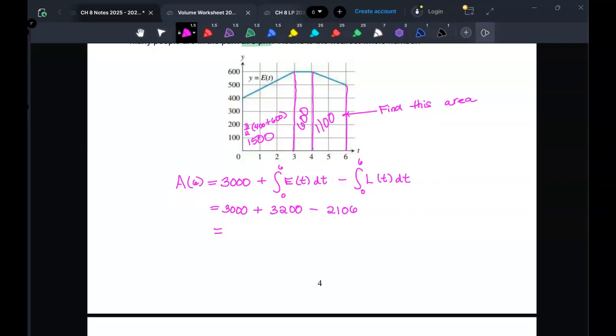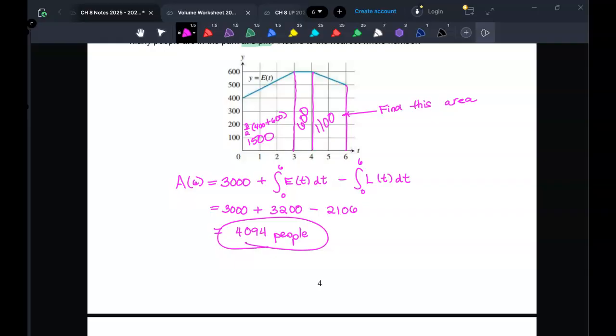We started with 3,000, 3,200 entered the park, and 2,106 left the park. So that'll give us how many people at the end? 4,094? Okay. All right.